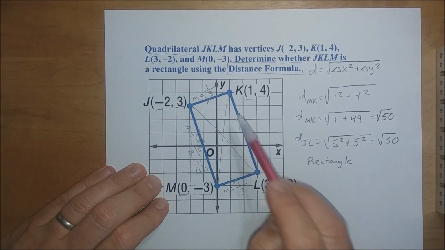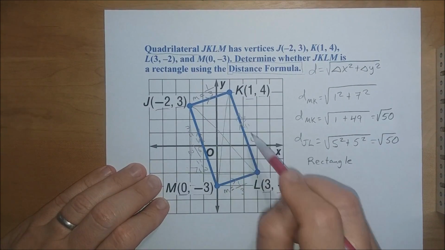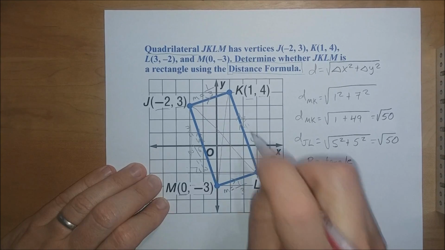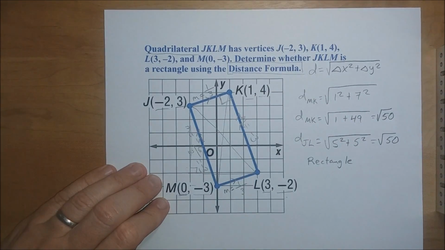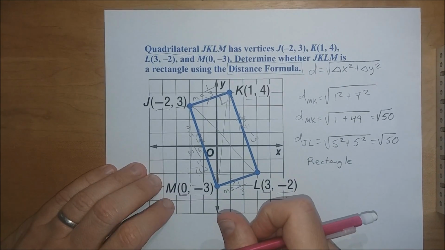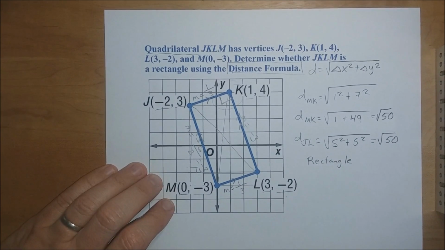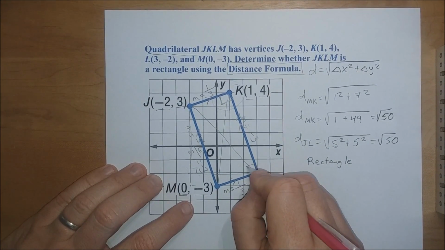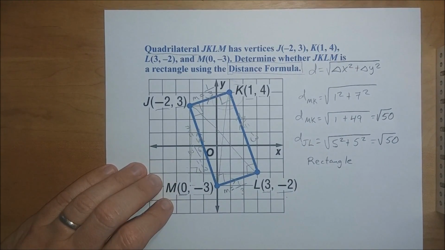Those slopes are negative reciprocals of one another, aren't they? And what do we know about lines that have slopes that are negative reciprocals of one another? They must be perpendicular. And then remember from our lesson on parallelograms, if you've got a parallelogram with one right angle, then you have a parallelogram with 4 right angles. And what would we call that? That would be our rectangle.